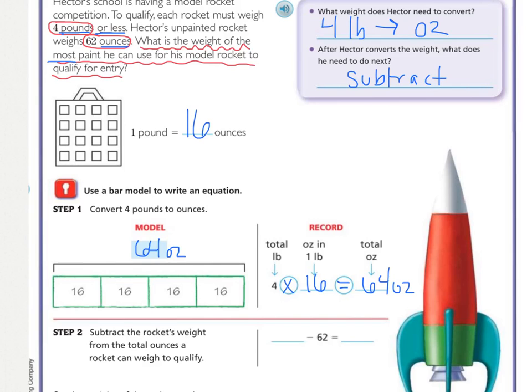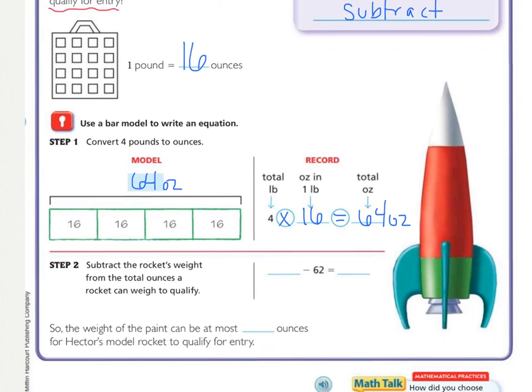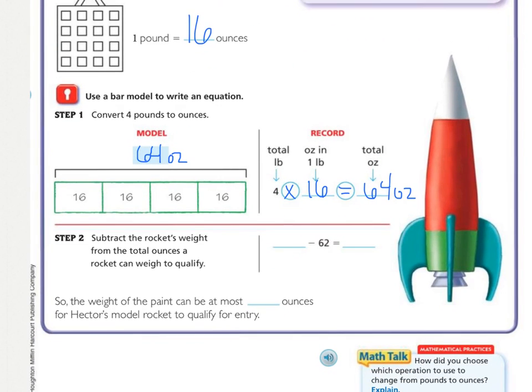So now we need to actually answer how much paint can he use. Alright, so now we need to subtract the rocket's weight, which his rocket weighs 62 ounces right now. At the most it can weigh is 64 ounces. And so how many ounces of paint can he use? 64 minus 62 equals 2.